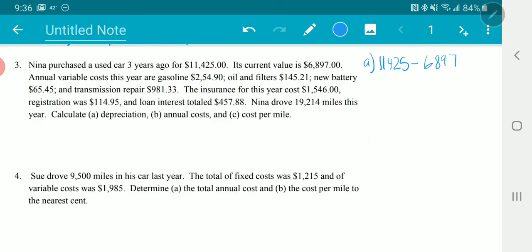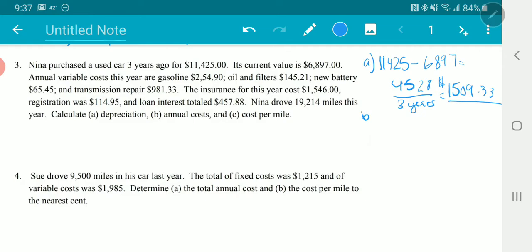That would mean that you've lost about $4,528 worth of value, but that was split up over 3 years. So your depreciation is $1,509.33 per year. So that's part A.